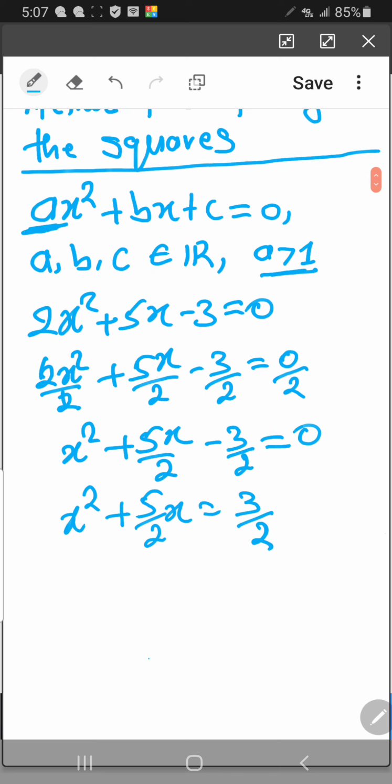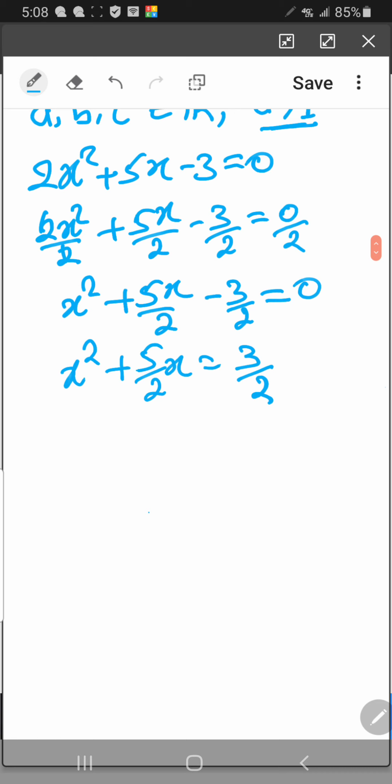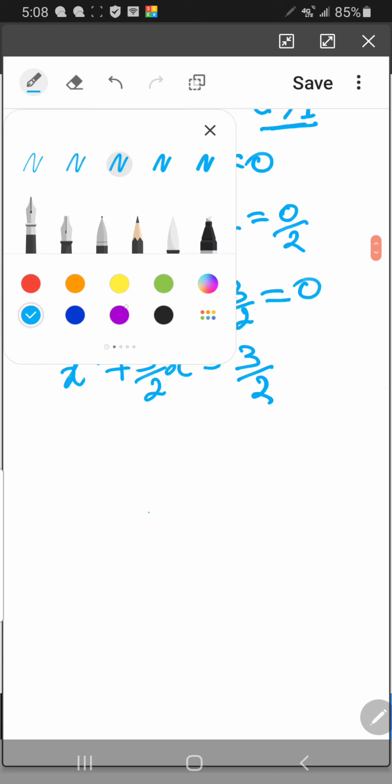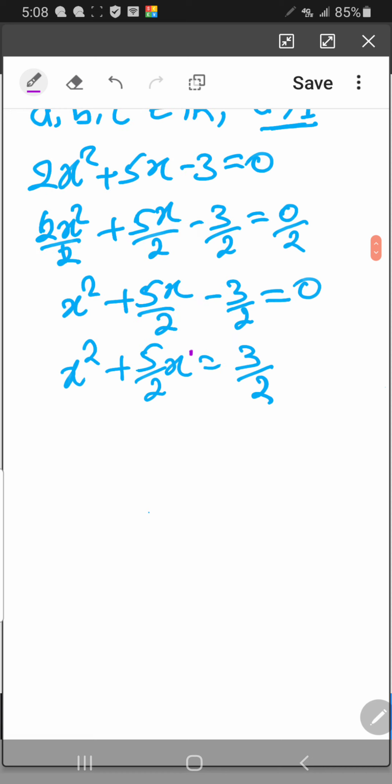Next question: what can I add to the left hand side to make it a perfect square? Which number should be added here to make this side a perfect square?